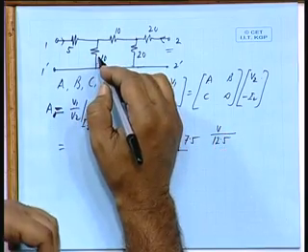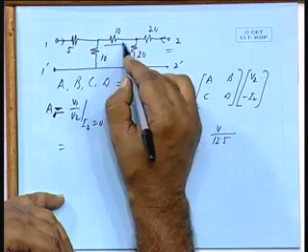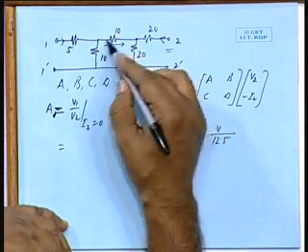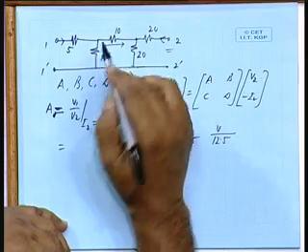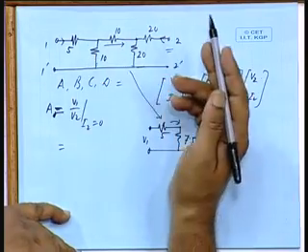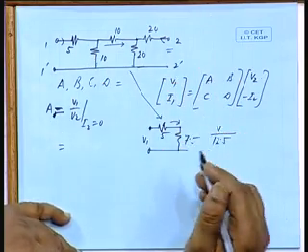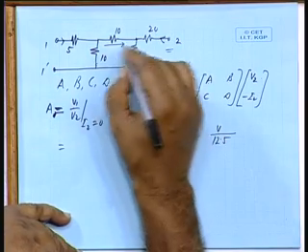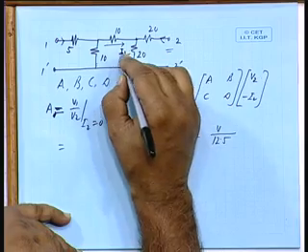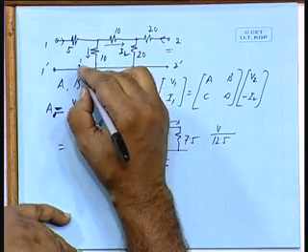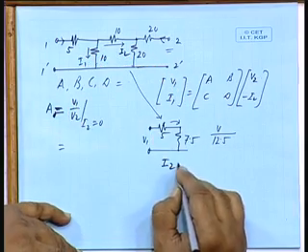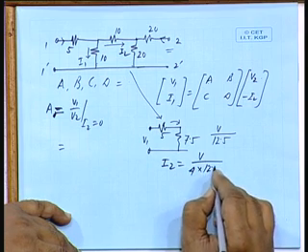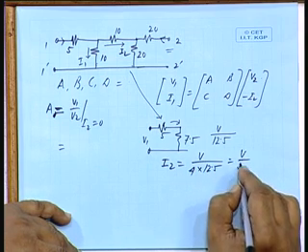What fraction of this current flows through this? 20 plus 10, 30 ohms and 10 ohms. So, it will be 10 by 10 plus 30, that is 1/4, 10 by 40 means 1/4 of this. If I call it I2, this is I1, then I2 is V by 4 into 12.5, so V by 50.